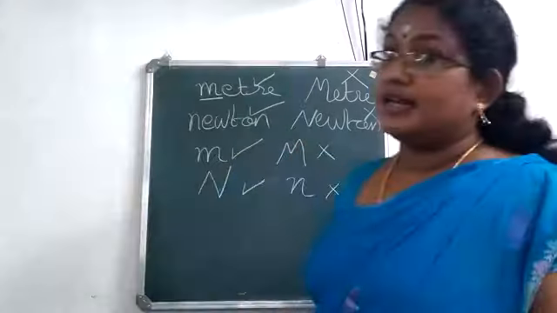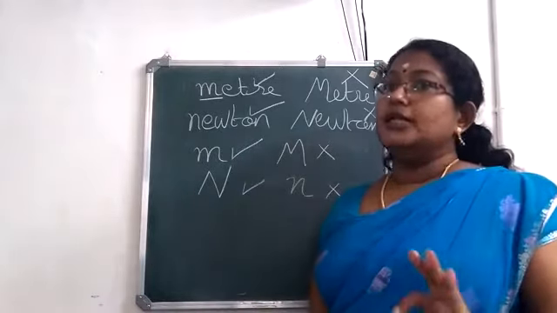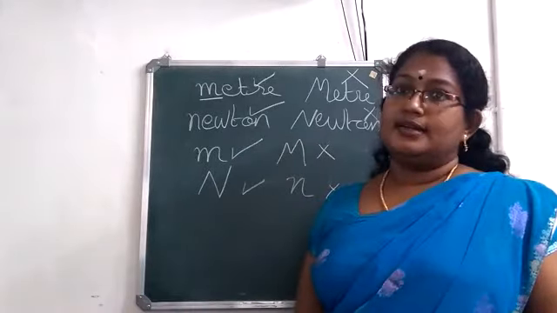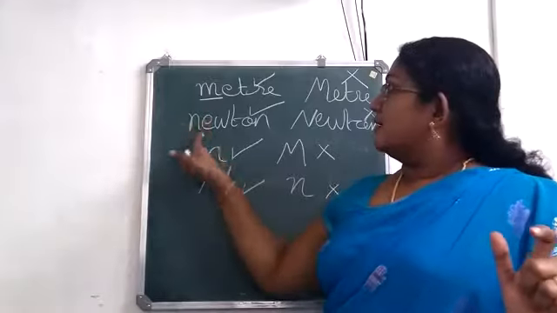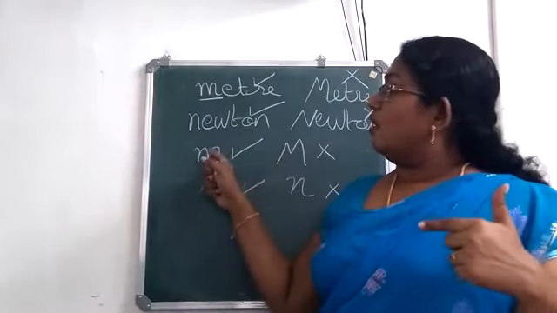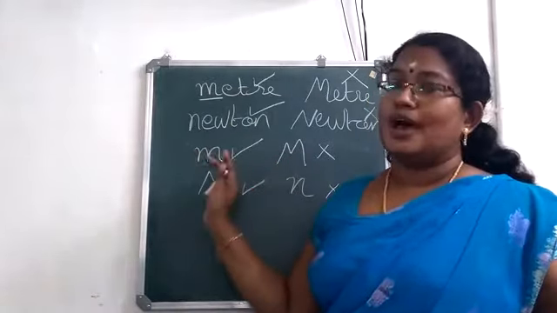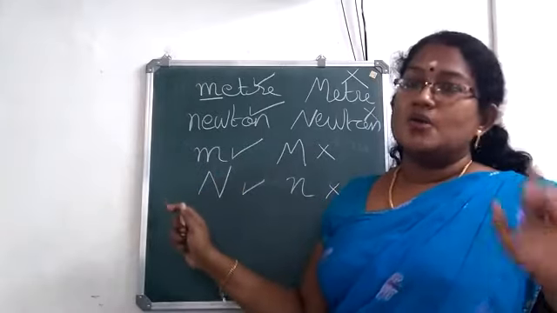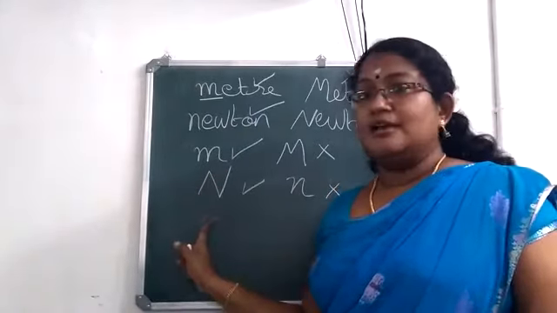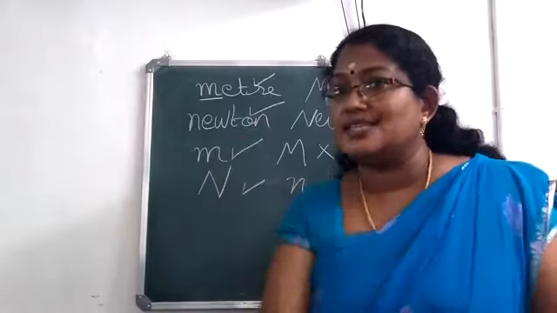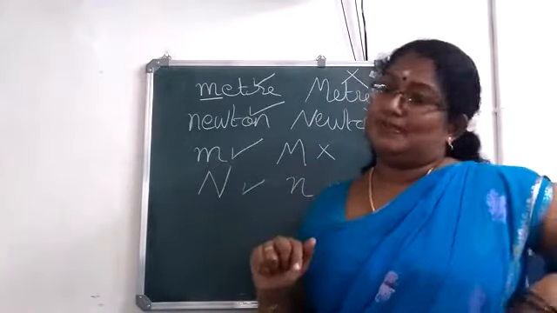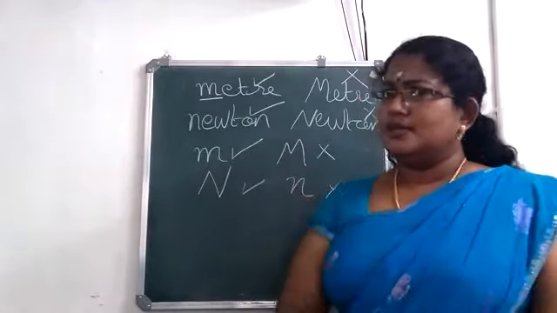So it's very important. Usually units should be written in small letters, whether you are writing the complete name or the short form. Only one exception: if it is the name of a scientist and you are writing the symbol, it should be in capital letter. Okay, so is it clear?